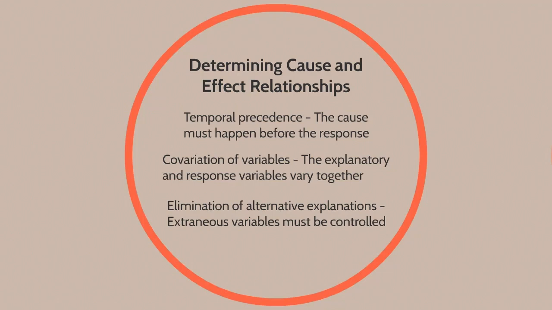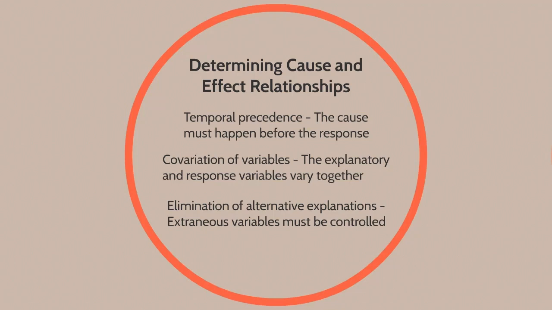And here's the big difference between an experiment and an observational study. In order to ascertain cause and effect, we have to eliminate alternative explanations. That is, we have to make sure it's not extraneous variables that are causing the association. And the way we do that is to control them. That's where the intervention comes in.